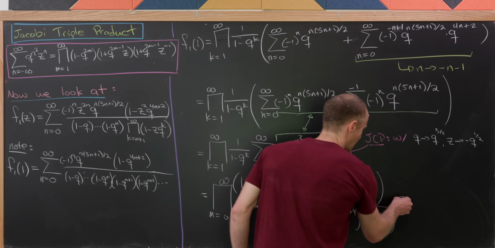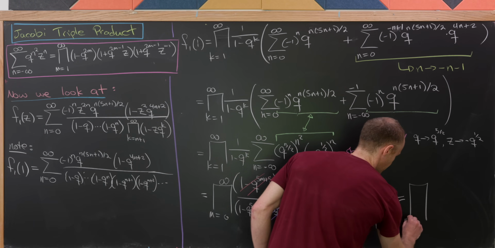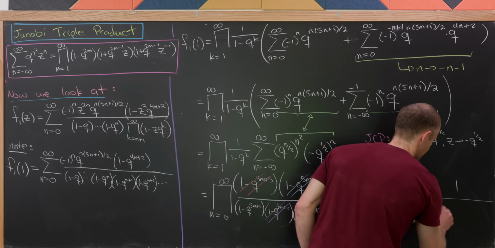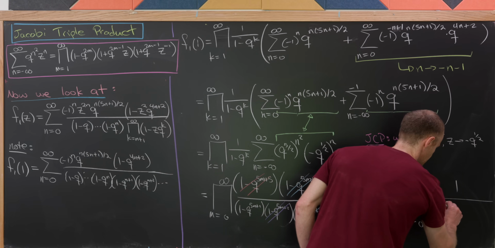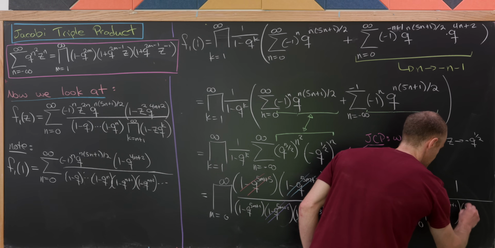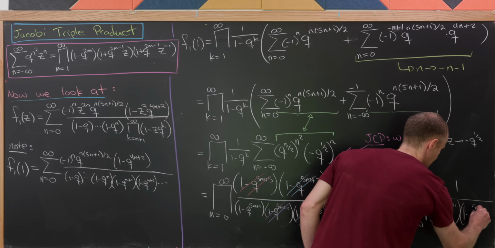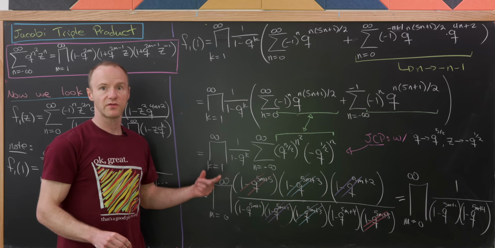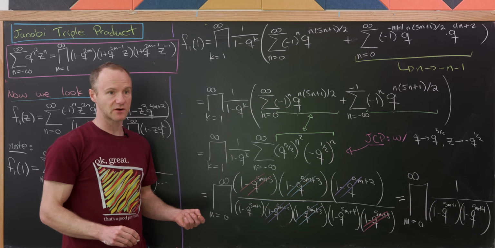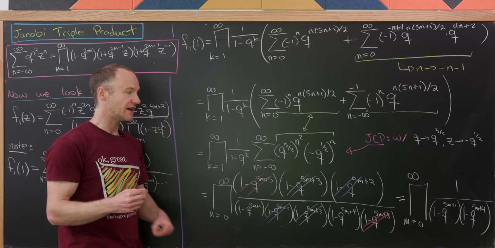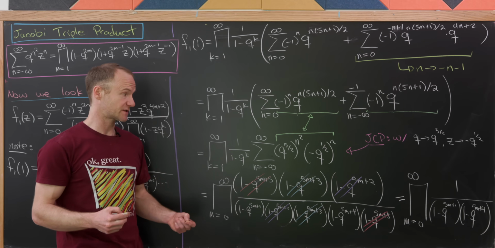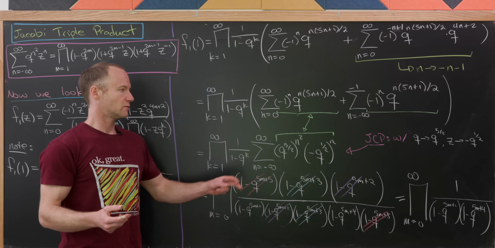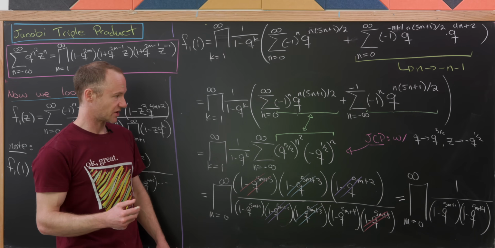But then, writing that over here, we've got this product as m goes from 0 up to infinity of, now it's 1 over 1 minus q to the 5m plus 1 times 1 minus q to the 5m plus 4, which is, well, that's exactly the generating function for partitions that use parts of the form 5m plus 1 and 5m plus 4, which of course is one side of our Rogers-Ramanujan identity.